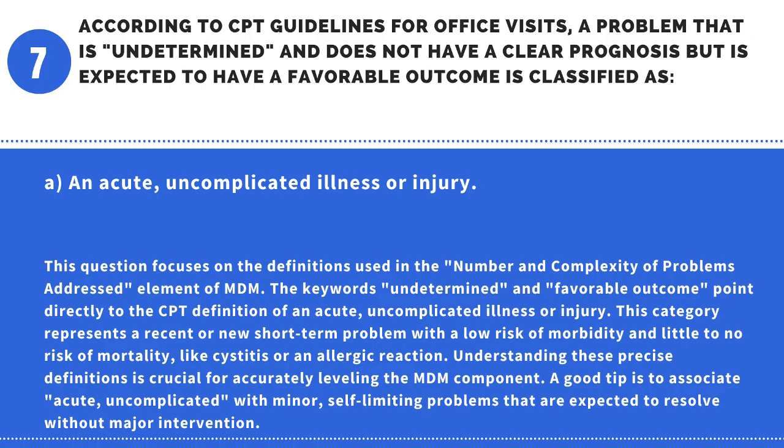This category represents a recent or new short-term problem with a low risk of morbidity and little to no risk of mortality, like cystitis or an allergic reaction. Understanding these precise definitions is crucial for accurately leveling the MDM component. A good tip is to associate acute, uncomplicated with minor, self-limiting problems that are expected to resolve without major intervention.